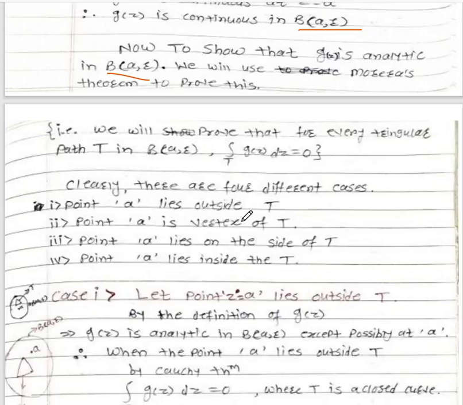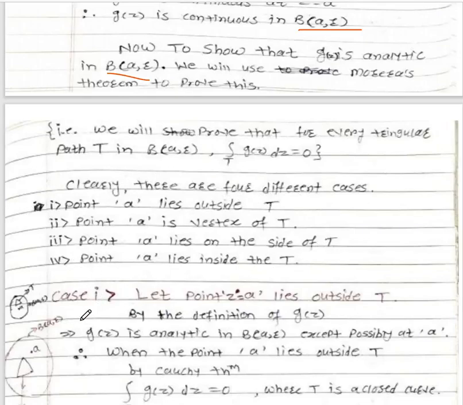Clearly there are four different cases. First, point a lies outside T; second, point a is a vertex of T; third, point a lies on the side of T; and fourth, point a lies inside T.